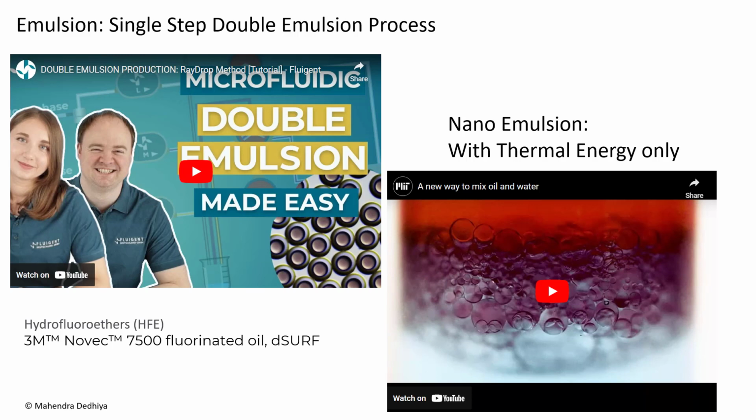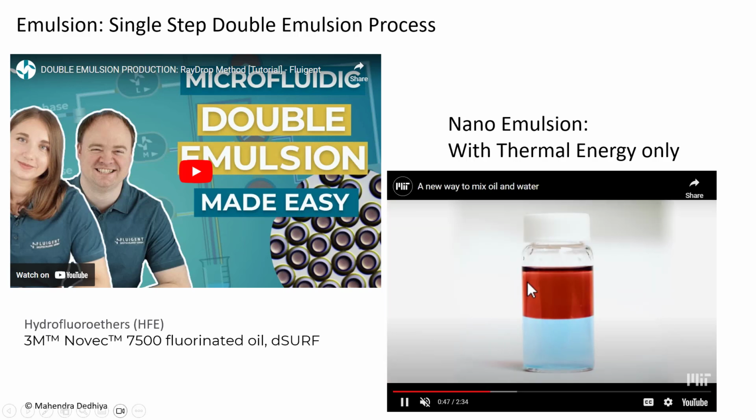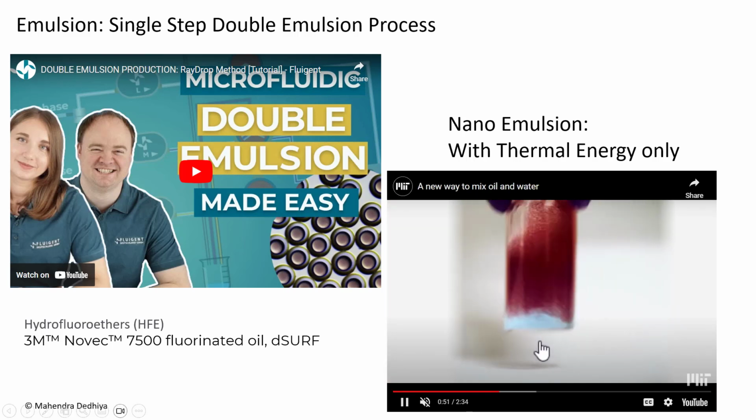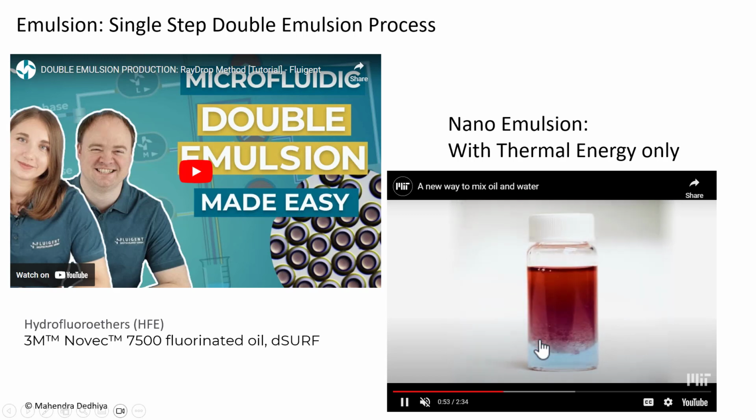Let's look at two emerging technologies. One is a nanoemulsion without mechanical energy. This is at laboratory scale. Oil and water form an emulsion, but it will not be stable.